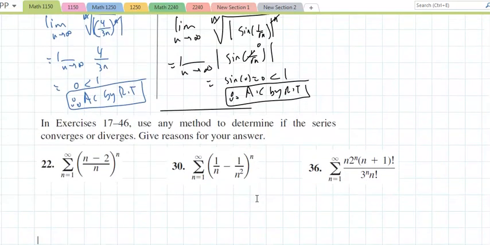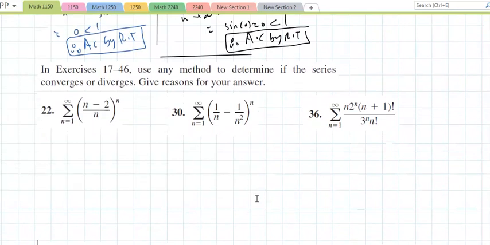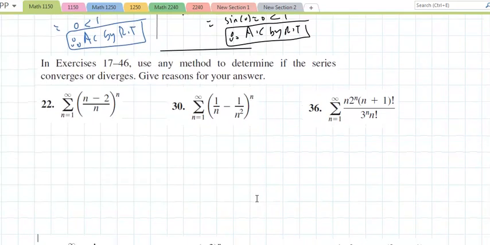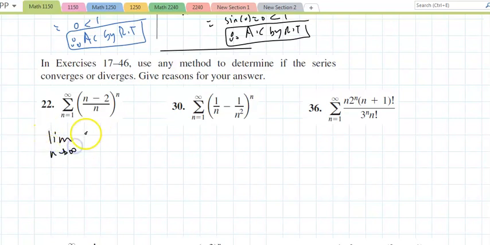And now, I get to the rest of the section, and it says use any method, and that's normally how it is. Notice if I use the root test on this, I'll get into trouble, because the limit is going to equal 1, and that's inconclusive. So, if I take the limit as n approaches infinity of 1 minus 2 over n raised to the n, didn't we agree you could write that as e to the negative 2, no questions asked?